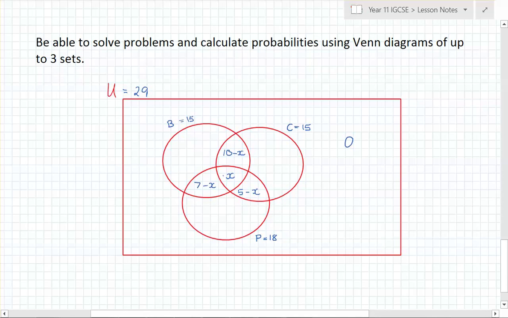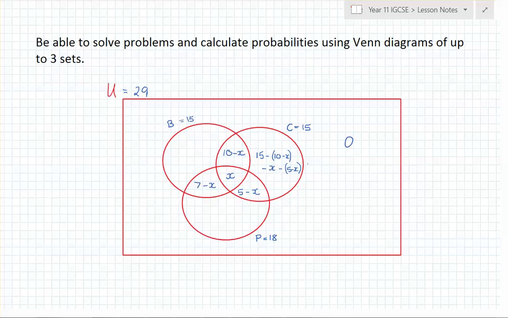Right. Now I can work out a bit more because this region must be 15 but subtract 10 minus x, but also subtract x and subtract 5 minus x. Does that make sense? Yeah.